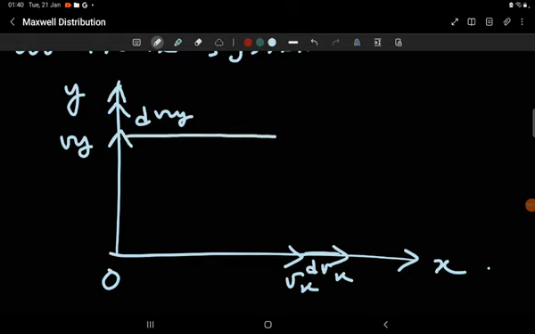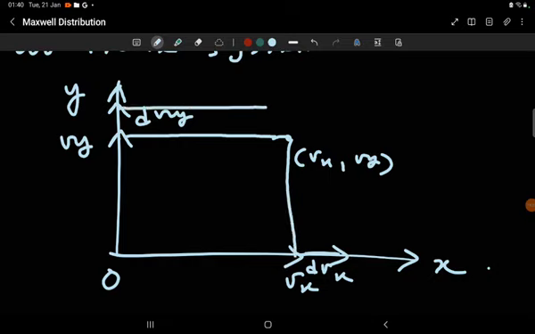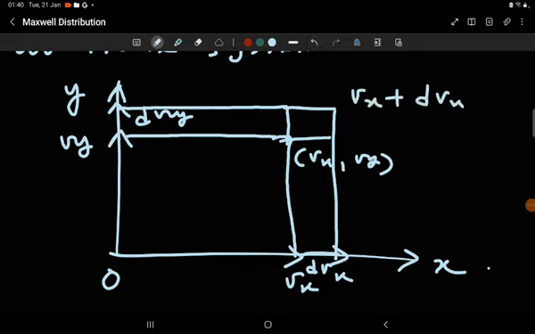So this is the point vx comma vy, and if we had vx plus dvx comma vy plus dvy, this is the b point.